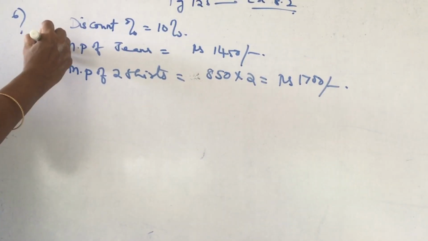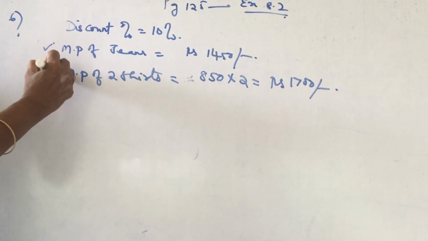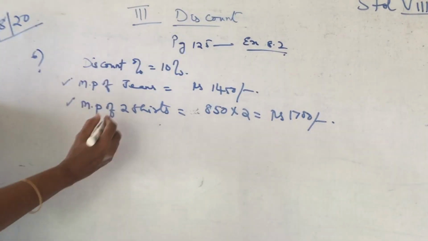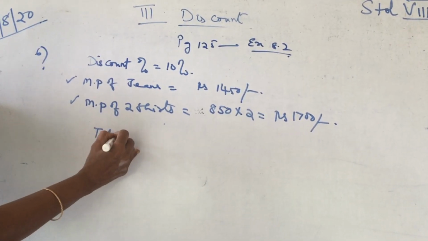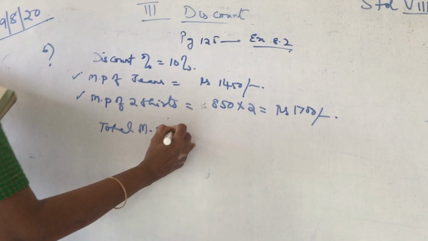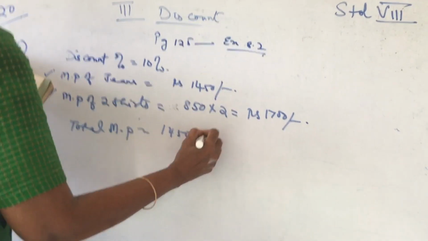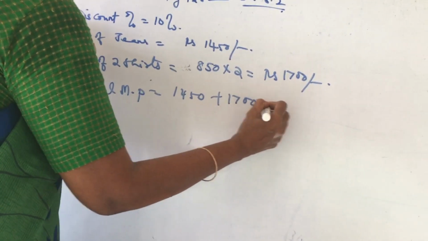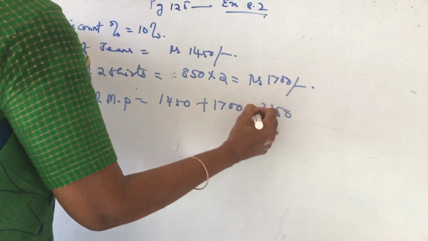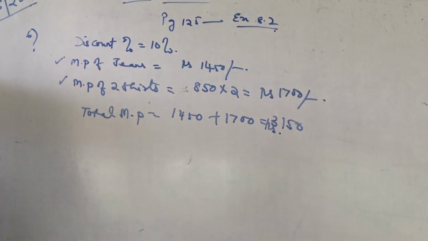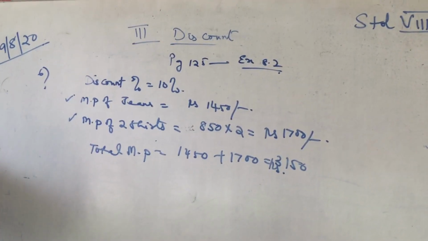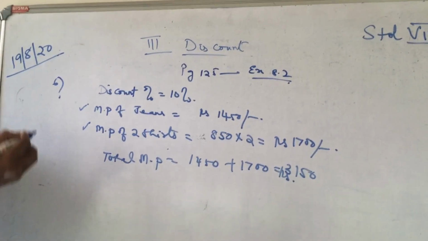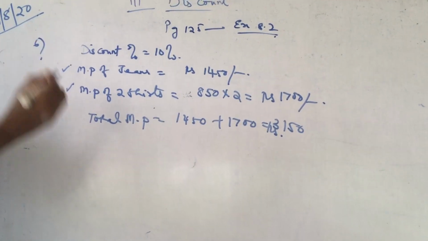You have the mark price for jeans, you have the mark price for two shirts, so you can find out the total MP. That is 1450 plus 1700 is equal to rupees 3150. The question for you is how much you have to pay if you buy them.